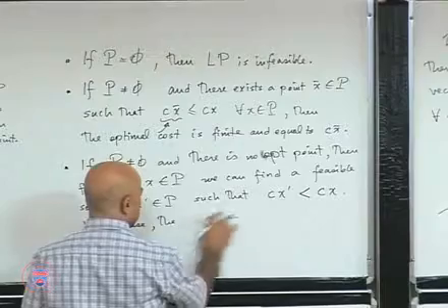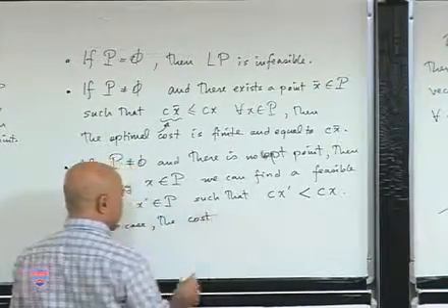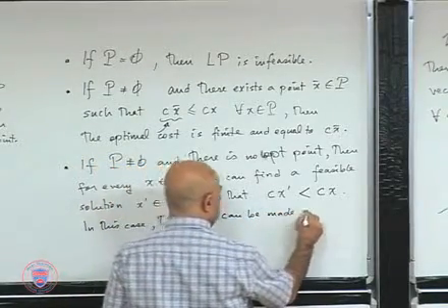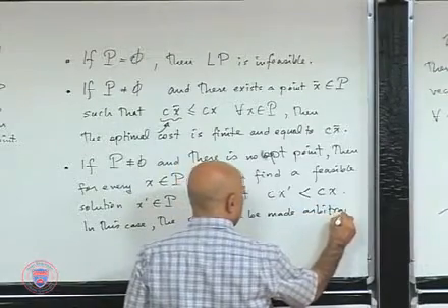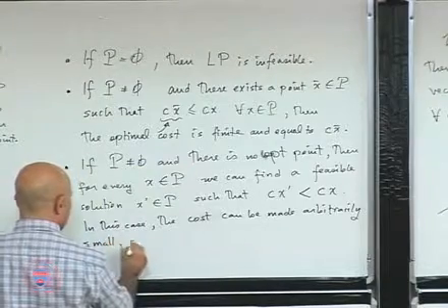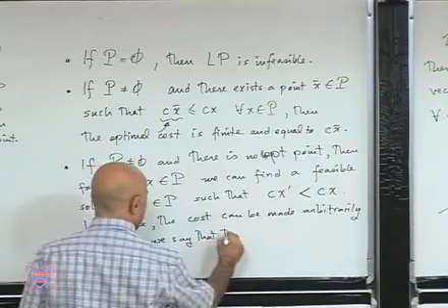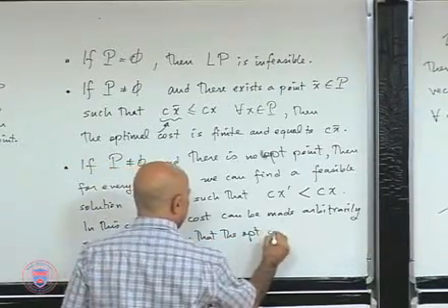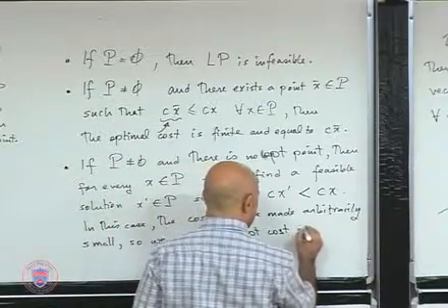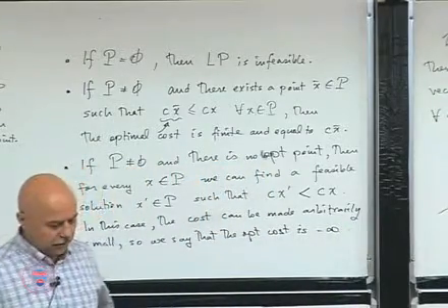Well, it's not the optimal cost, but the cost, the objective value, can be made arbitrarily small. So we say that the optimal cost, even though it doesn't exist, is minus infinity. That's just a convention, just by convention. Okay?